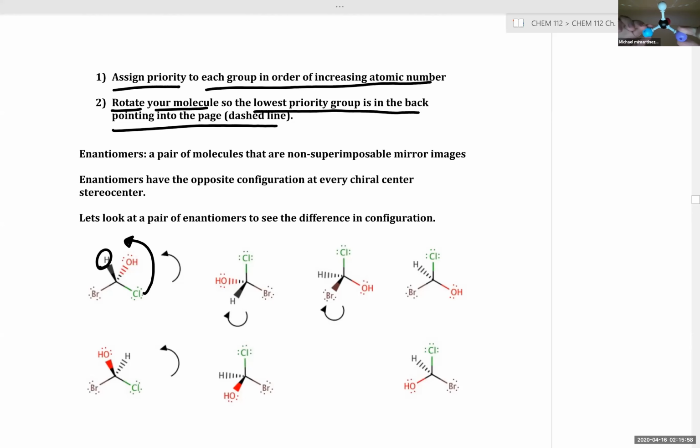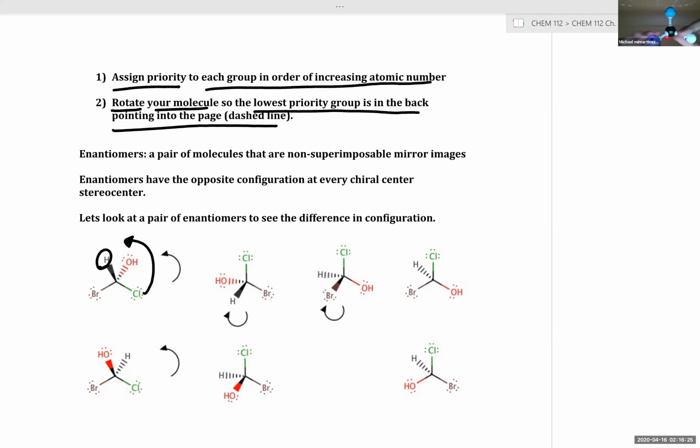So we're going to tilt the molecule like this to bring the chlorine up. Let me adjust the view. We're going to tilt the molecule by rotating our hydrogen, our chlorine, and our bromine counterclockwise. So now our chlorine is on top.